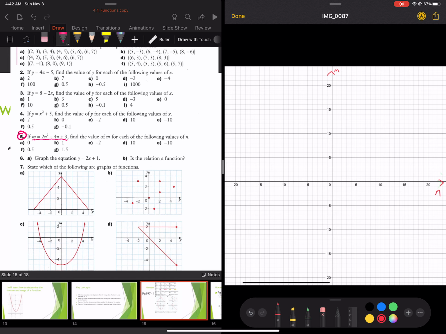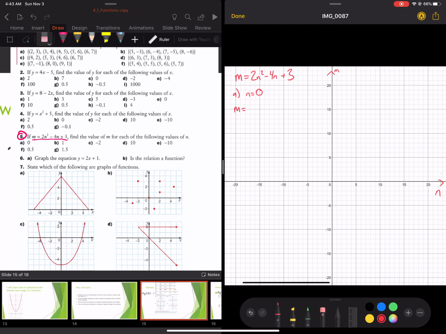So let's go ahead and substitute our values. Find the value of m for each value of n. So when we write our equation, m equals 2n squared minus 4n plus 3. And we'll do it for a. N equals 0.